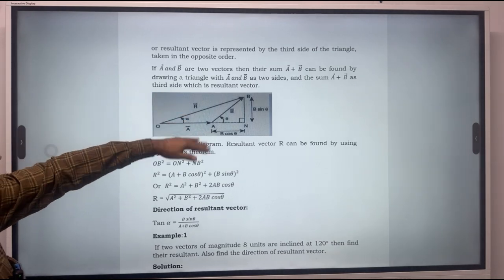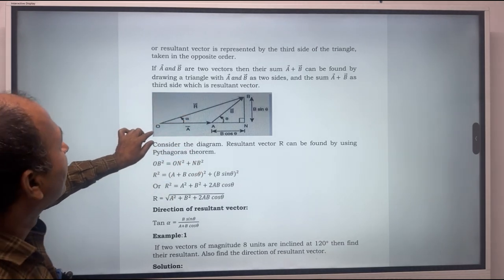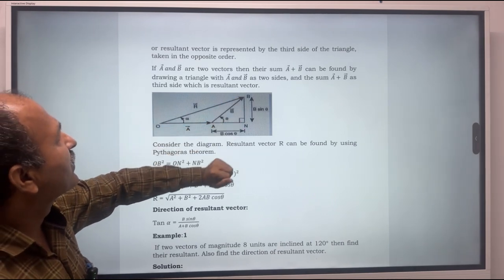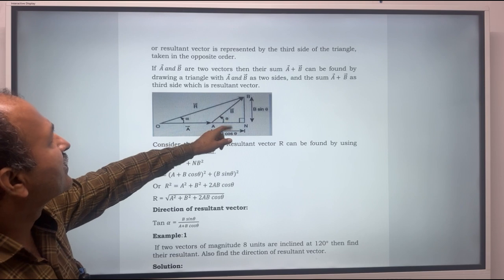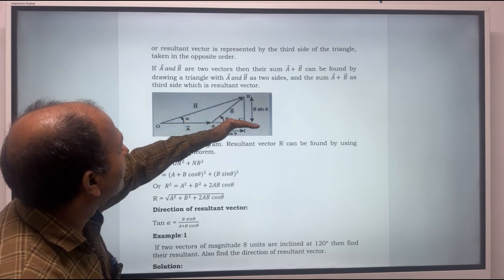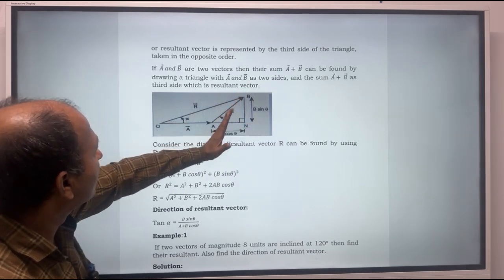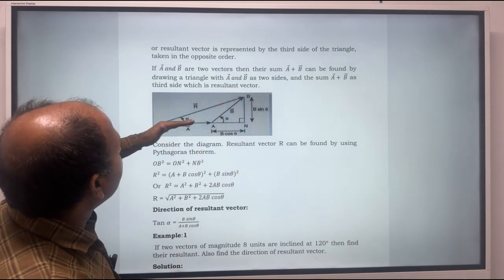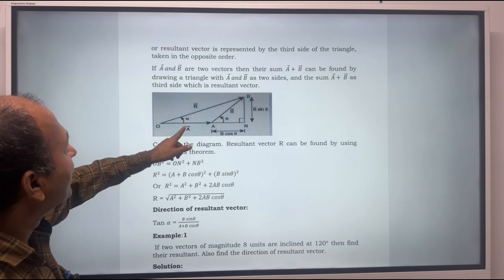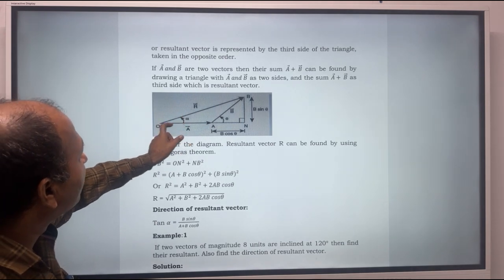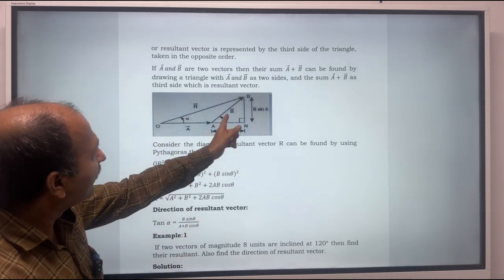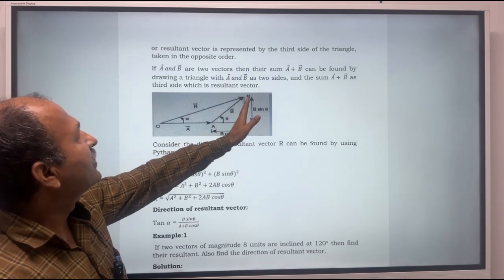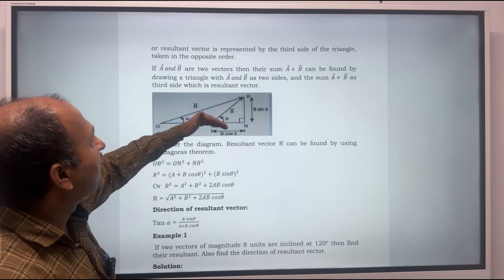The same thing is explained here in this diagram. If you observe, from here to here is vector A, from here to here is vector B, and the angle between them is theta. Why? Because this is in this direction and that is in this direction, so this angle is theta. This is the direction of the resultant, and this is the angle that the resultant makes with the first vector. Here what we have done is vector B is written in terms of perpendicular and base components.